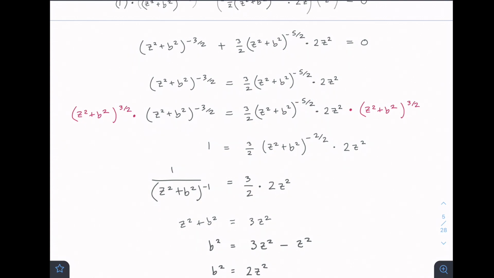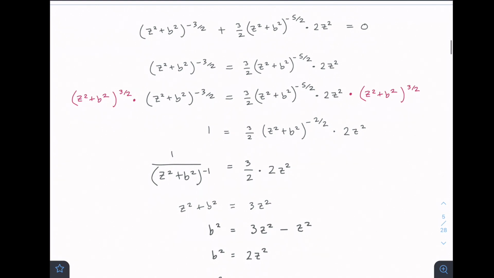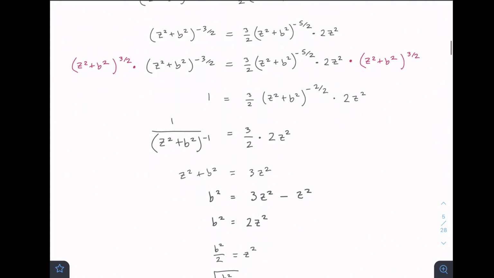Multiplying positive 3 halves by negative 3 halves gives us 1, so we can simplify the expression on this side. On the other side, the 5 halves power multiplied by the 3 halves is essentially addition of exponents, which turns this expression into z squared plus b squared to the negative 1.